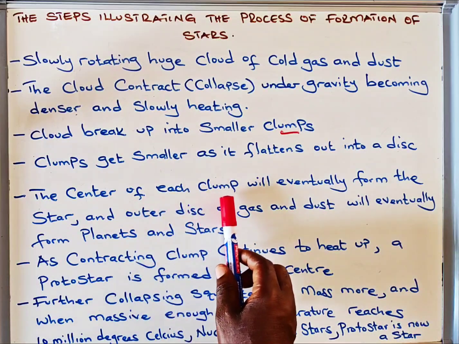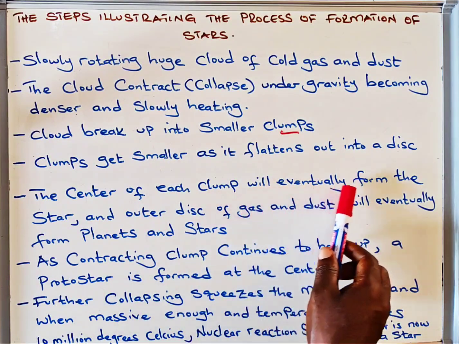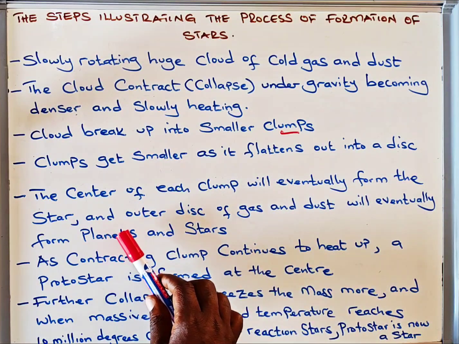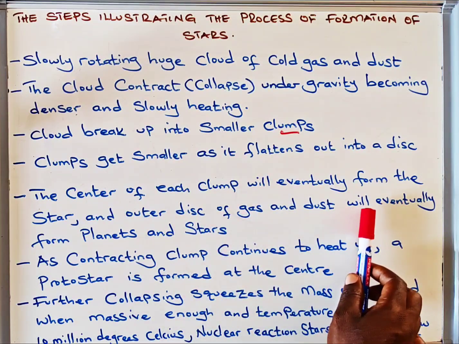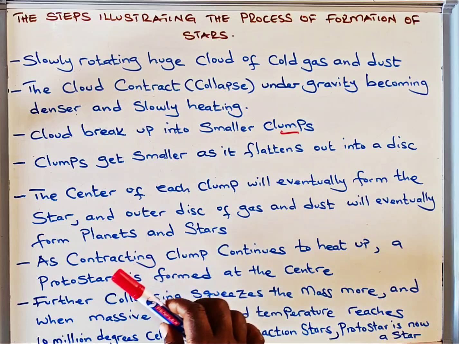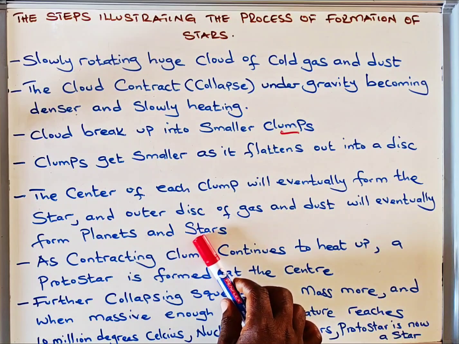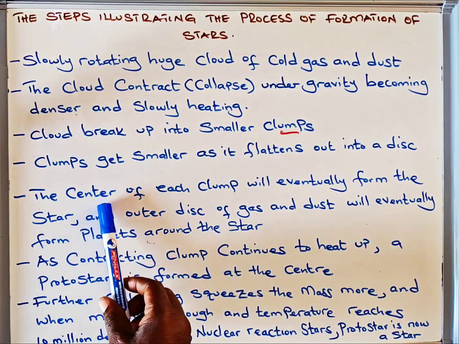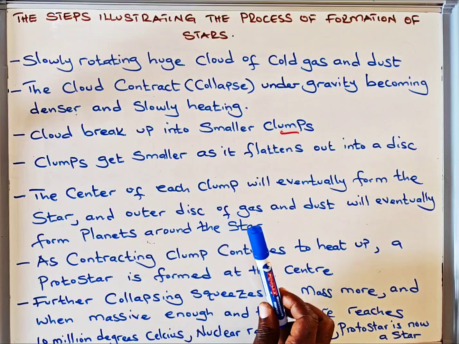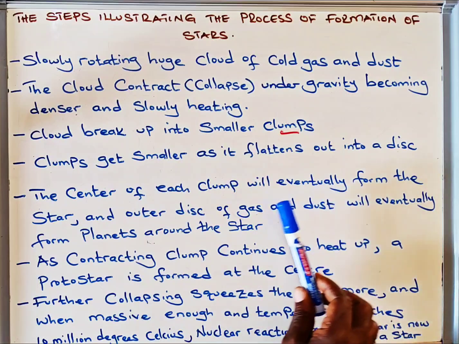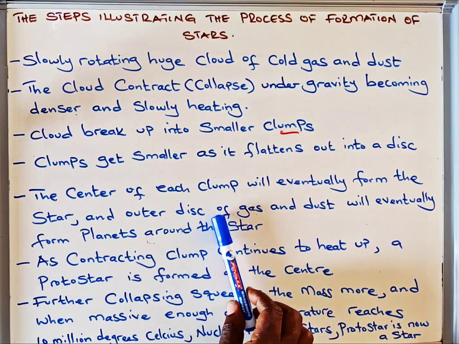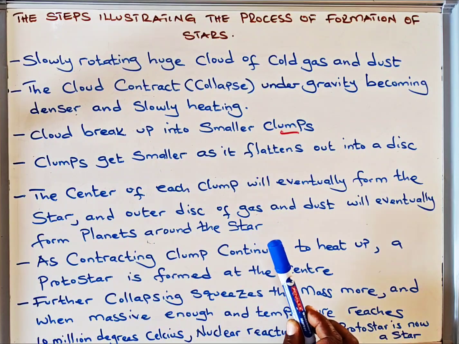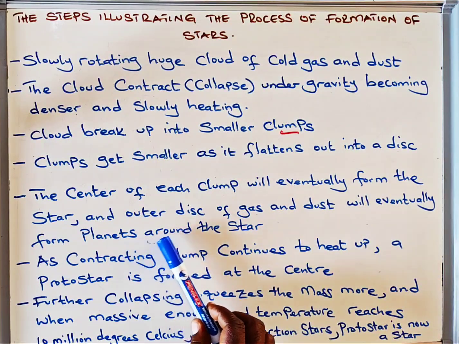The center of each clump will eventually form the star, and the outer disk of gas and dust will eventually form planets around the star.